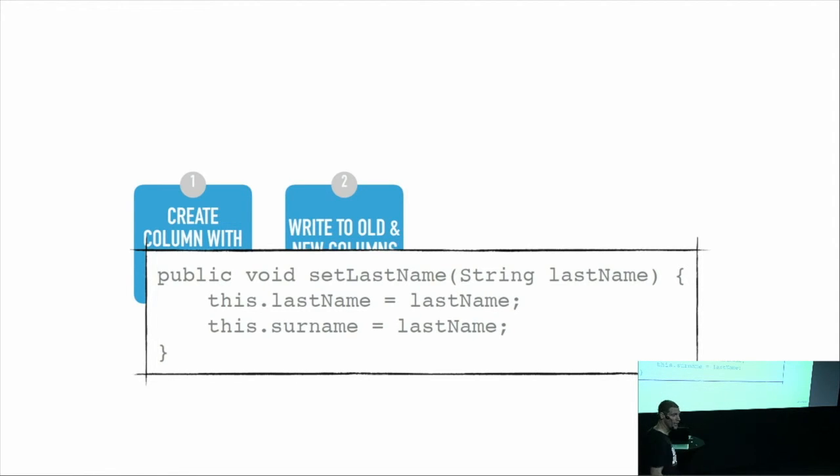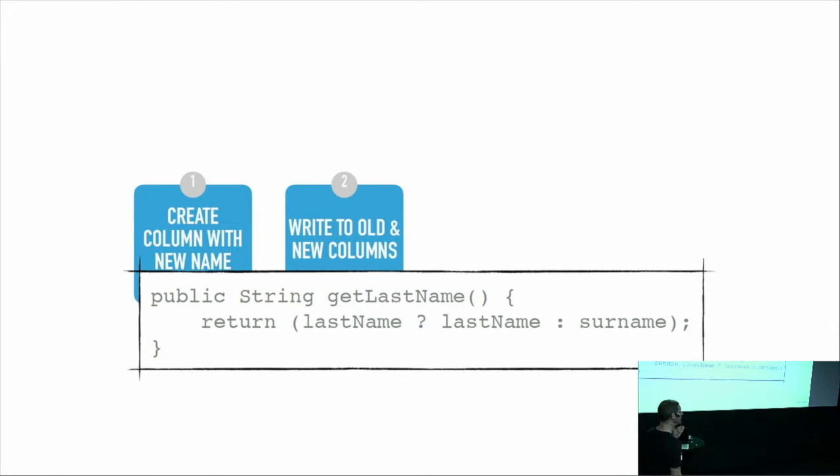Every time we write a record, we write both columns. And then if we read, we know that there's a possibility of last name being empty. So we try to look at last name, but if it's empty, we fall back to surname, because that column existed and we know it's non-null, so we get the data from there.